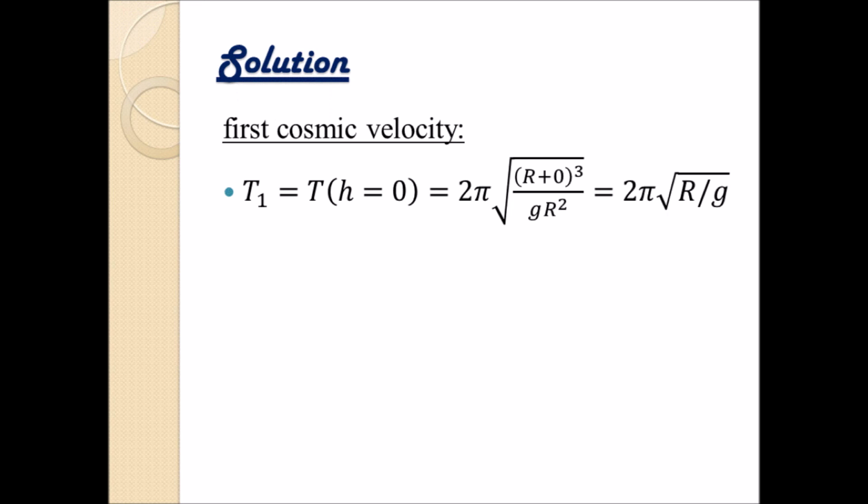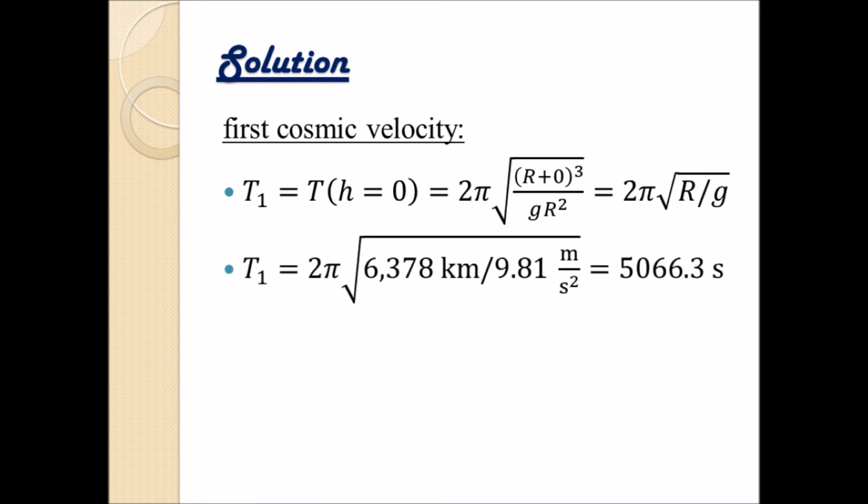And also here we can take our values that were given, and again we have to be careful with the units, so we have to multiply our radius r with 1000 again, and what we get is that T1 equals 5066.3 seconds. Now, I suppose not everybody has a grasp of what 5000 seconds are. So let's recalculate them, and what we get is that T1 equals 1 hour, 24 minutes and 26 seconds.